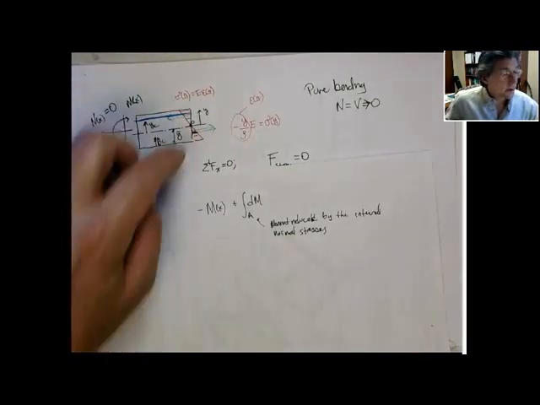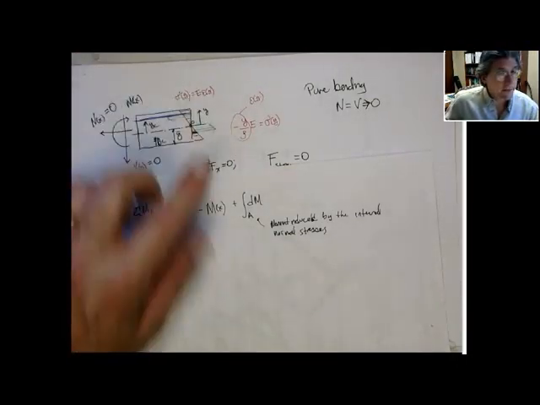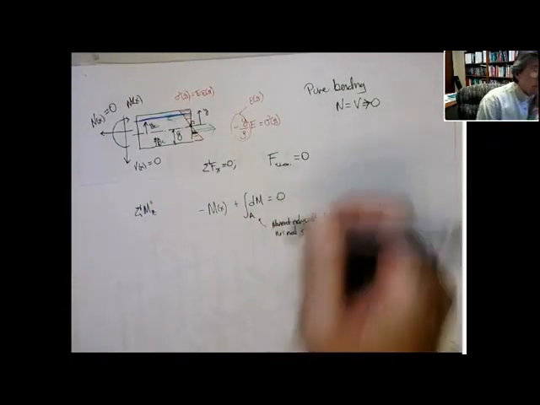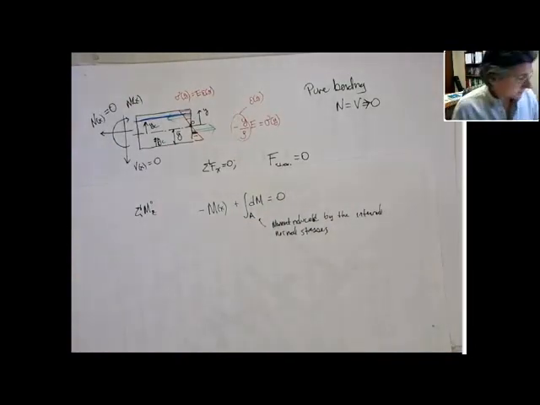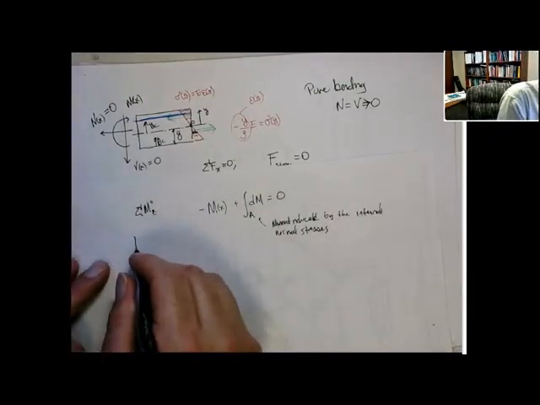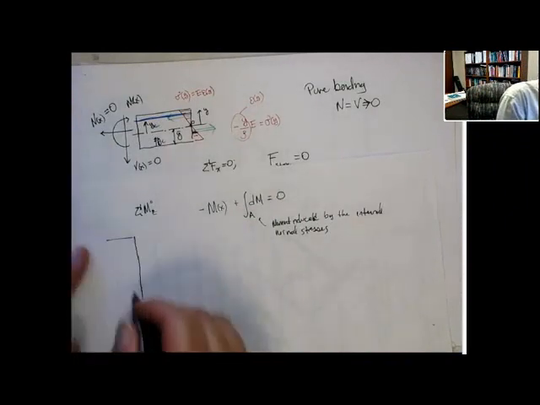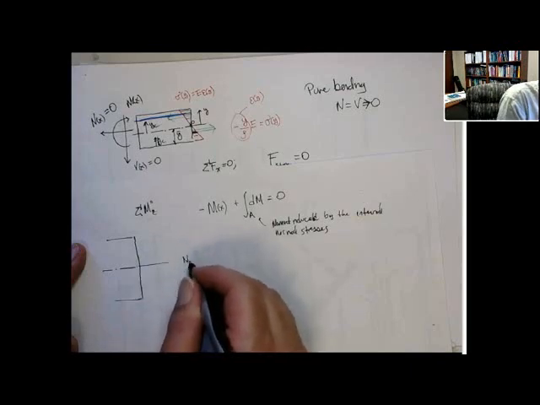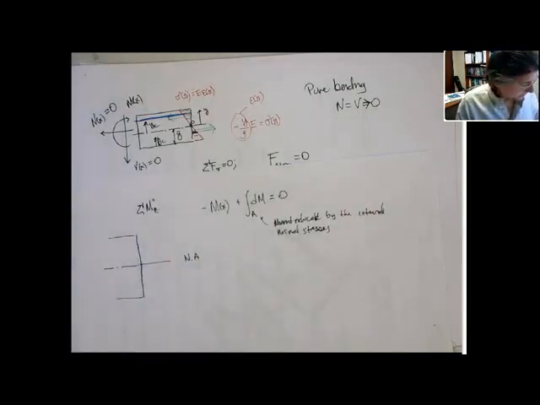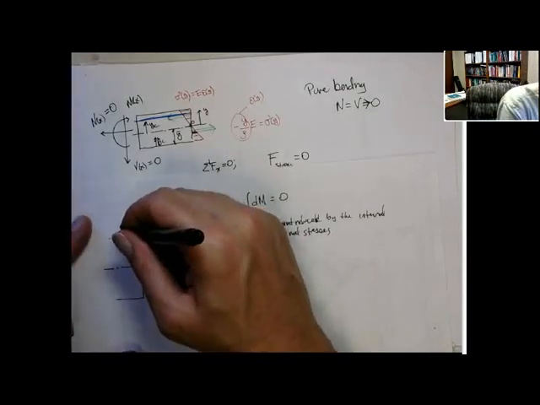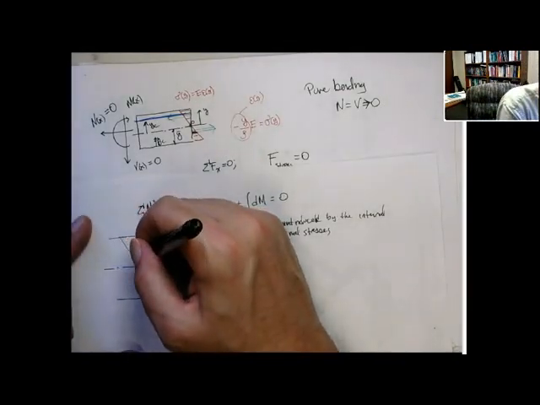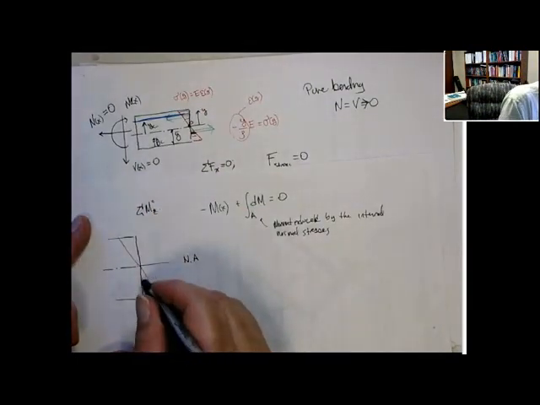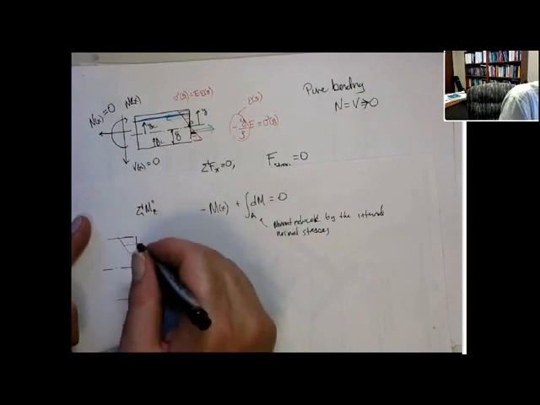All right? So I'm going to figure this out, the net effect of the stress. Let's look at the cross section a little more closely. Here's that cut face. Here's the location of the neutral axis. And we know that the stress alternates as follows: the tension side, the compression side.